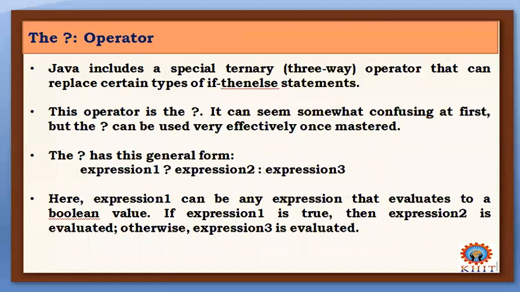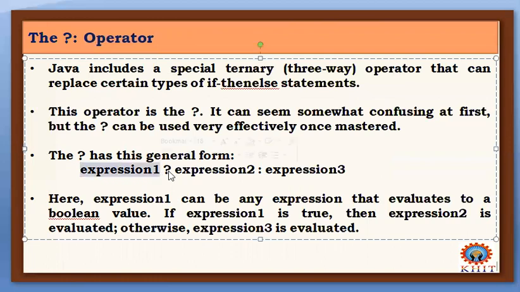Next is the ternary operator, which you already know in the C language. Ternary operator is something like an if else statement. First, expression 1 will be written here, then a question mark, and if it is true, then this will be executed.